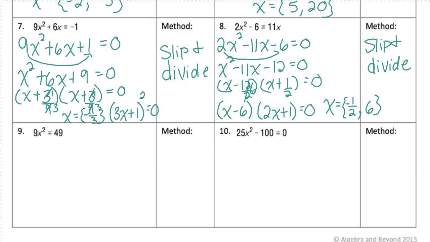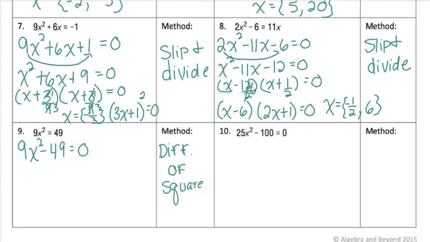Okay, last two problems. Let's get this equal to 0 first. This one, I noticed that 9 and 49 are perfect squares. So this is a difference, because we're subtracting, of 2 squares.